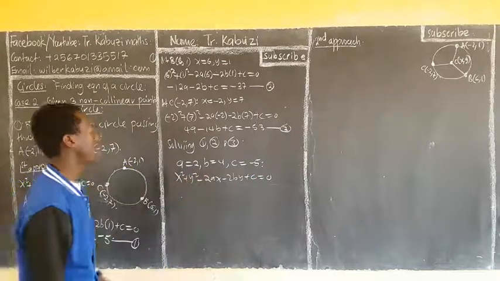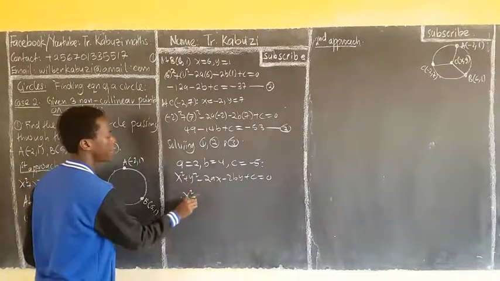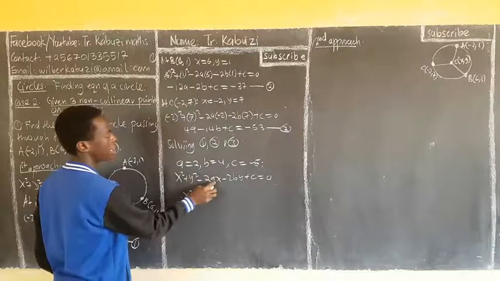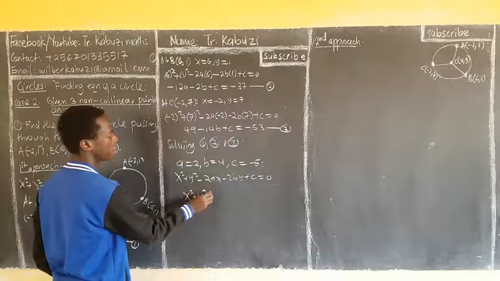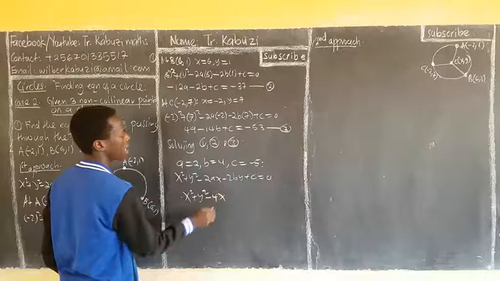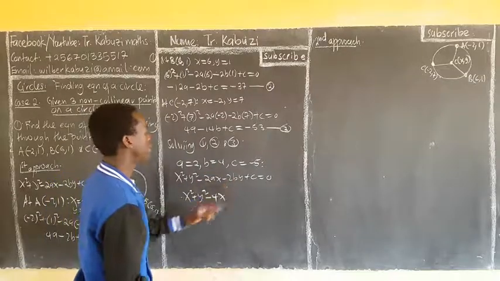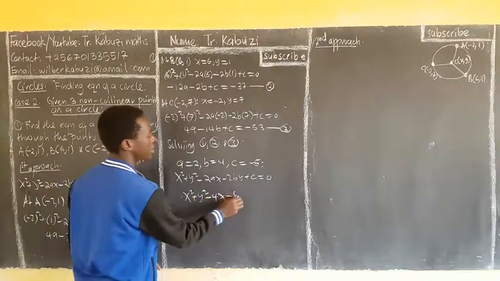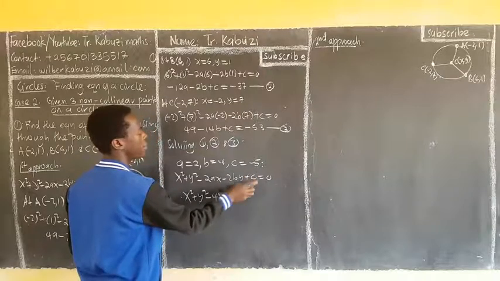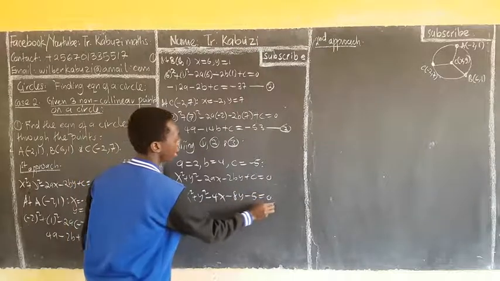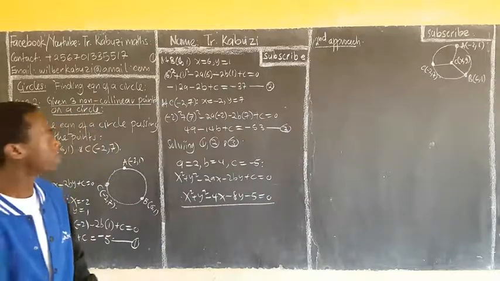I put in the values of A and B, and we have x squared plus y squared. When I put A here, it will be 2 times 2, which will be negative 4x. When I put B here, it will be 2 times 4, it will give you negative 8y. Then plus c, negative 5, equal to 0. And that's the equation of the circle.